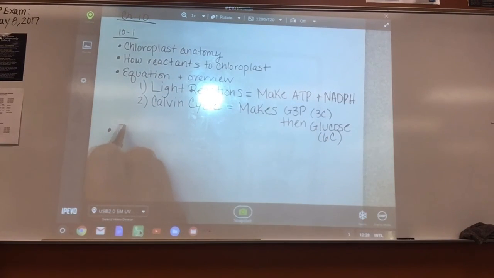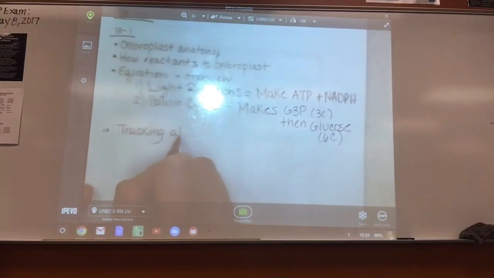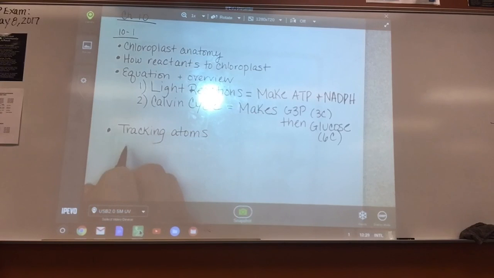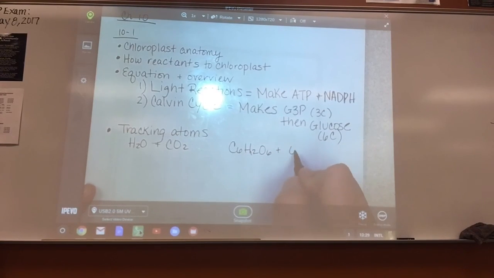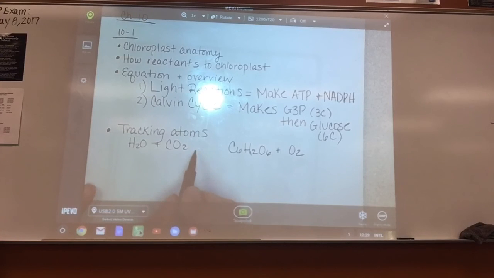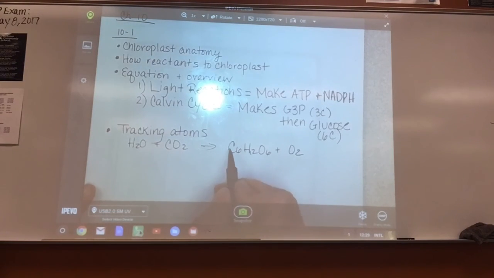Where does the carbon in glucose come from? It comes from carbon dioxide. It's the only reactant with carbon, so it comes from the CO2. I had color-coded the notes, so just take a look at that and review that.